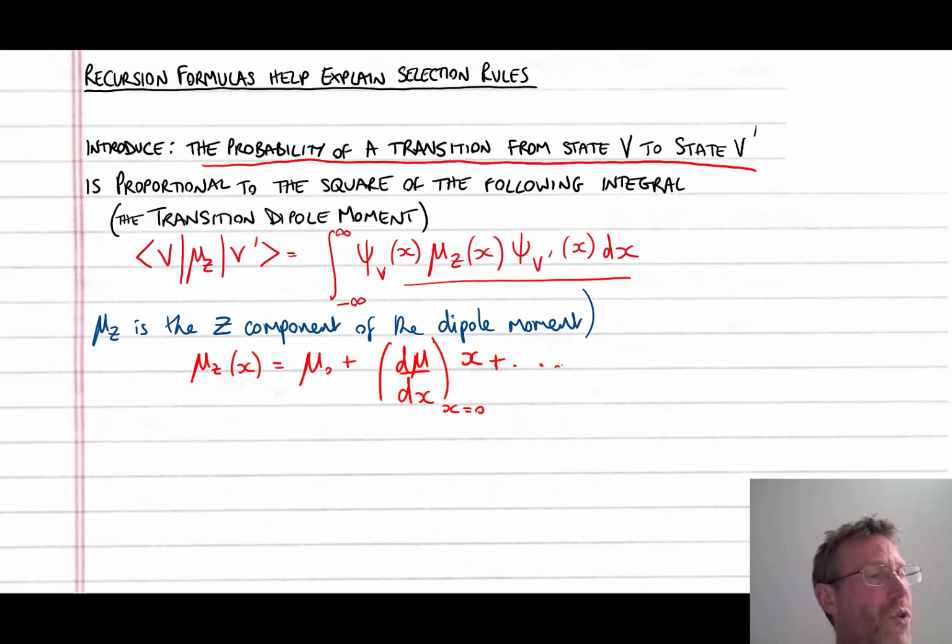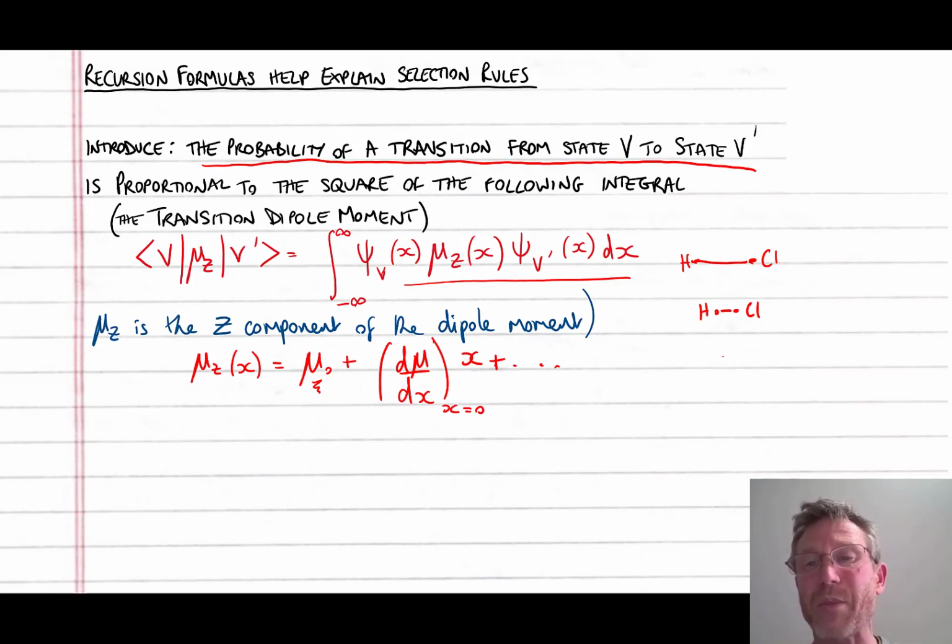Again, mu naught is the dipole moment at the equilibrium bond length. Maybe we have a hydrogen and a chlorine, a hydrogen chloride molecule. As that molecule stretches backwards and forwards, the dipole moment changes, because dipole moment is equal to charge times distance.